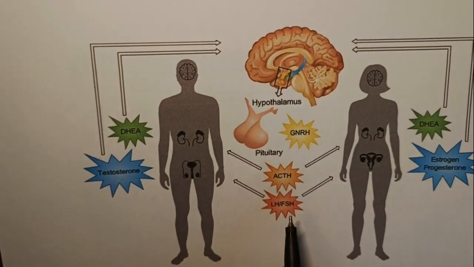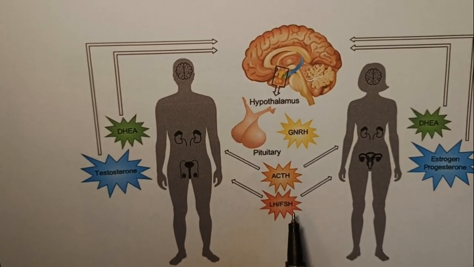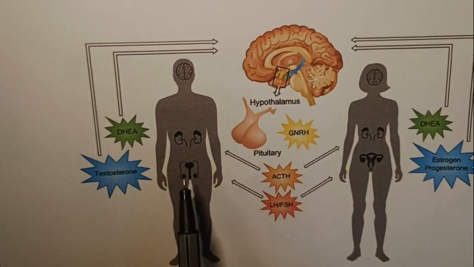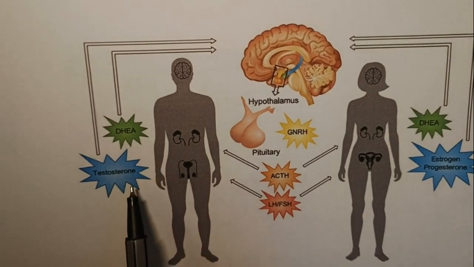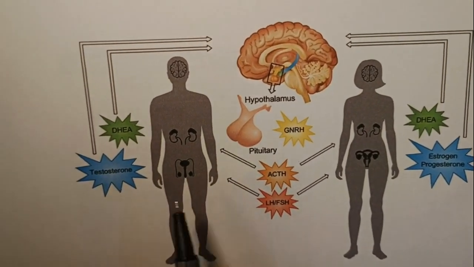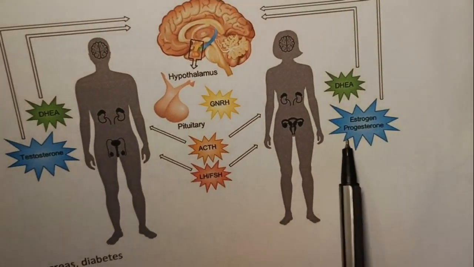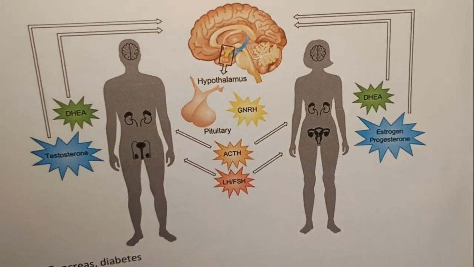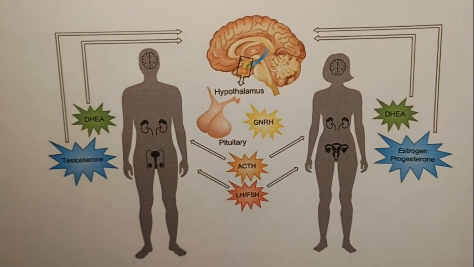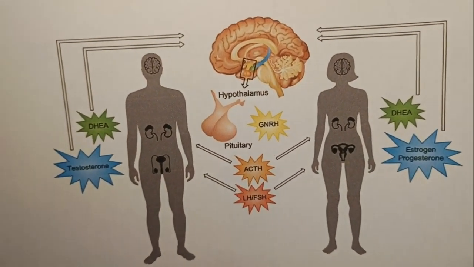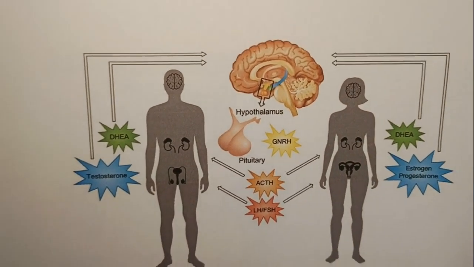The pituitary secretes LH and FSH, that works on the gonads. In males, it produces testosterone. In females, it produces estrogen and progesterone. So that's how the secretion of male and female sexual or reproductive hormones is controlled.